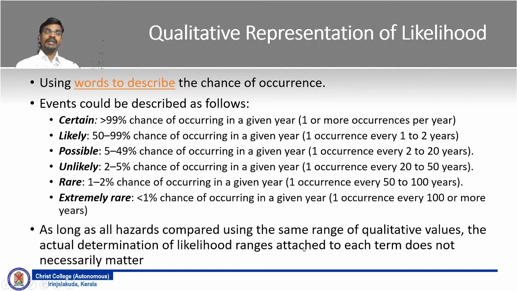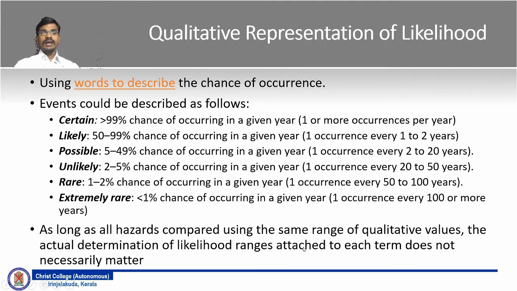And extremely rare for incidences less than 1% chance of occurring in a given year, and so on. So these are some of the terms that give a range of values for the relative occurrence of the event, which are expressed as words.